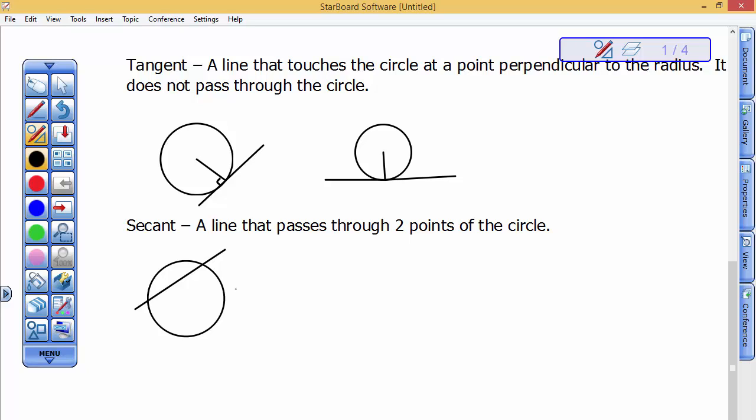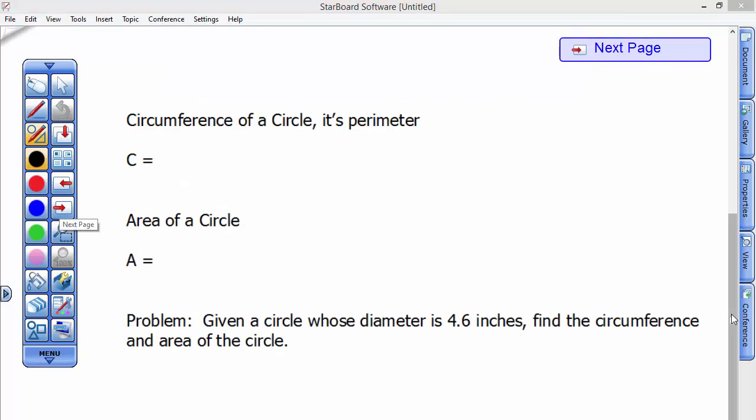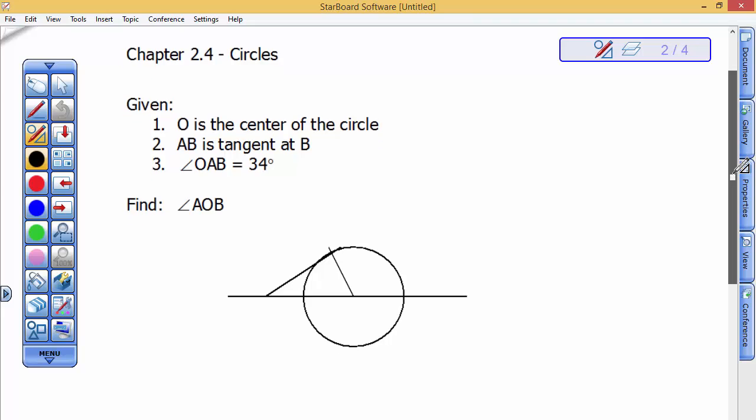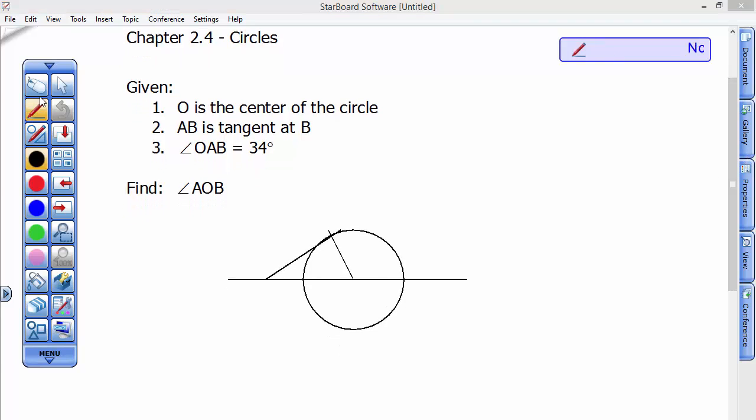I have a poorly drawn picture on the next page, but let's just look at a situation. We're given a circle, and O is the center of the circle, and AB is tangent at B. So this is supposed to be right here, not cut through here, but just touching the circle. And if it is, that means this is a right angle right there.